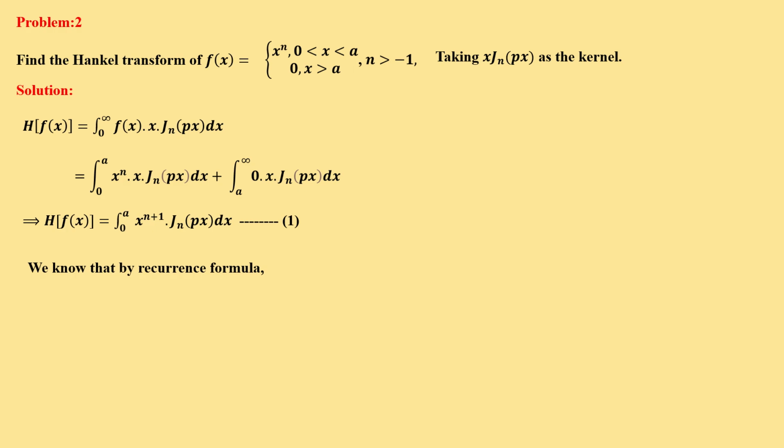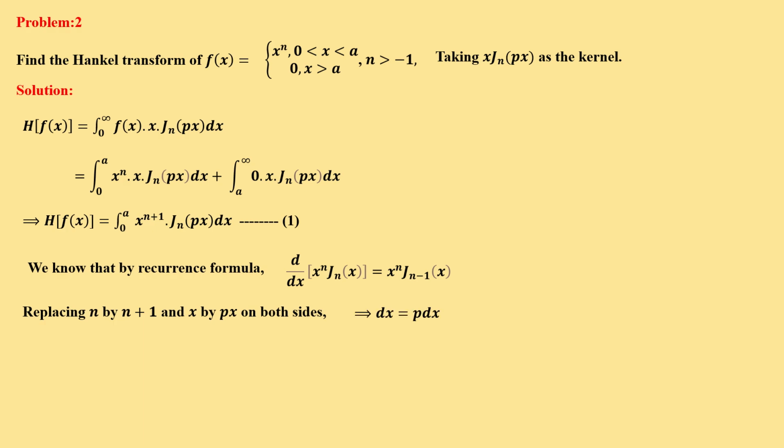Now we know the recurrence formula d/dx of x^n J_n(x) is equal to x^n J_(n-1)(x). So replacing n by n+1 in the formula, and x by px on both sides, dx becomes p dx.